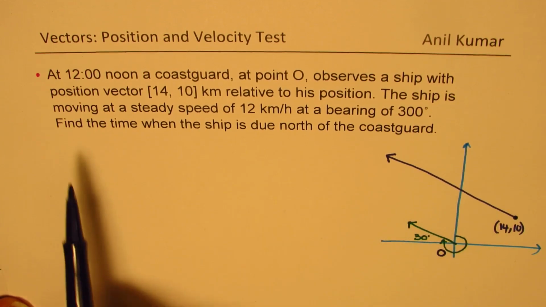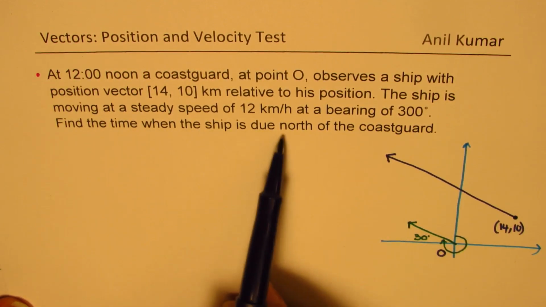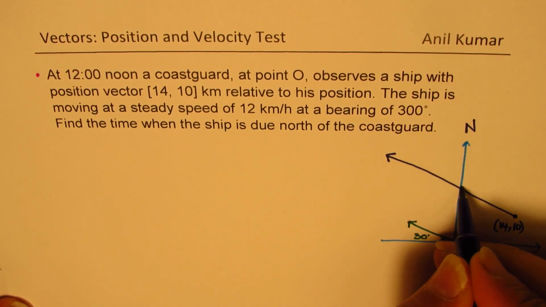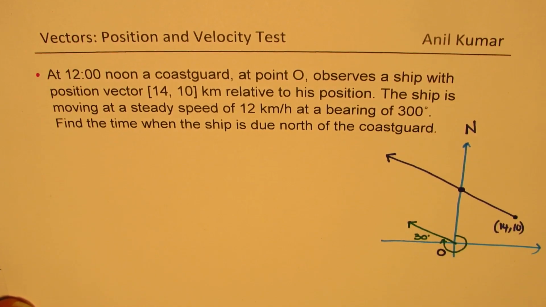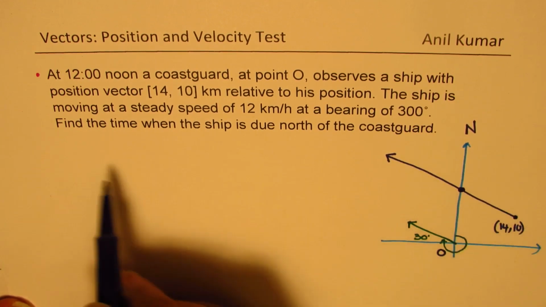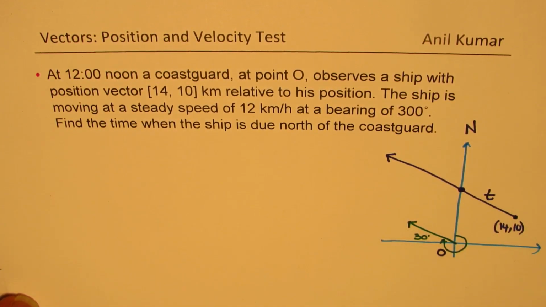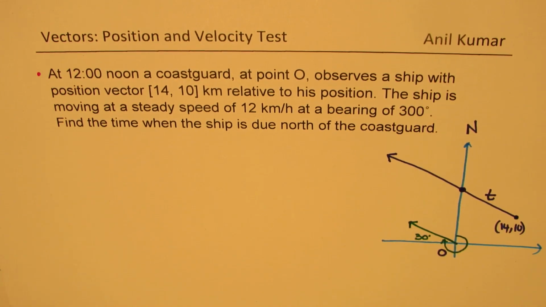We have sketched all this. Find the time when the ship is due north of the Coast Guard. Due north of the Coast Guard means we want to find this point. Find the time when it is at this point. So we need to find this time. I hope the question is absolutely clear now. You can still pause the video and do the question.